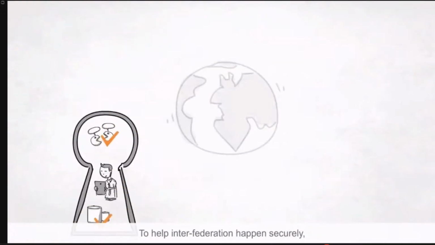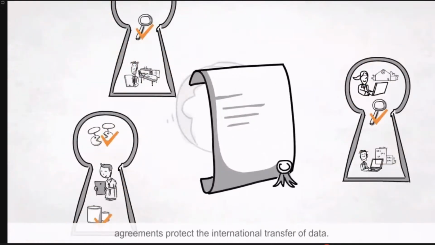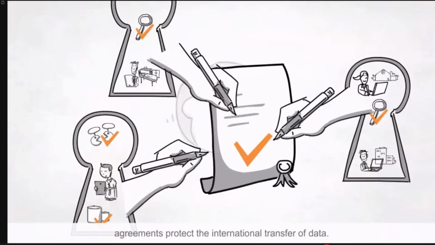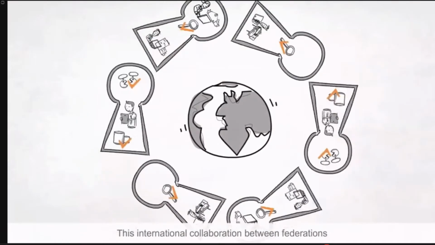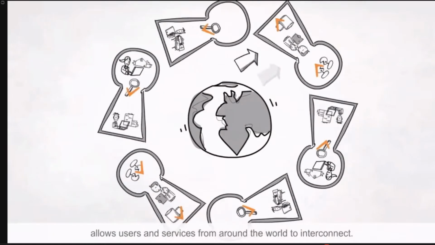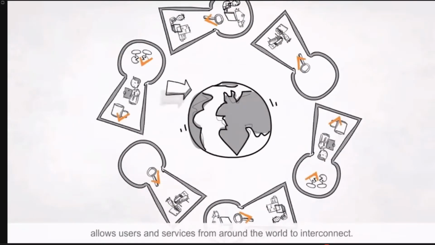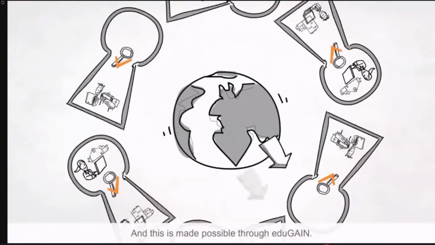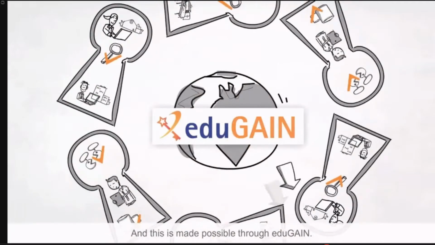To help inter-federation happen securely, agreements protect the international transfer of data. This international collaboration between federations allows users and services from around the world to interconnect. And this is made possible through eduGAIN.